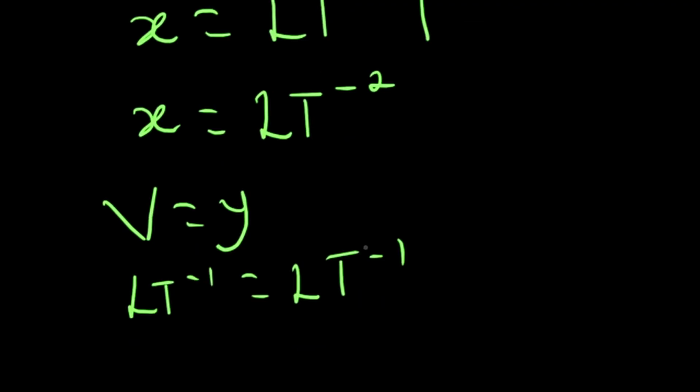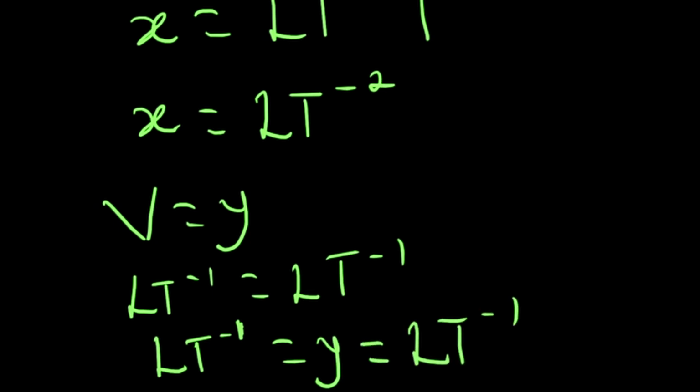Or we can say that since our v is LT^-1, this is equal to y. Therefore, y is equal to LT^-1.